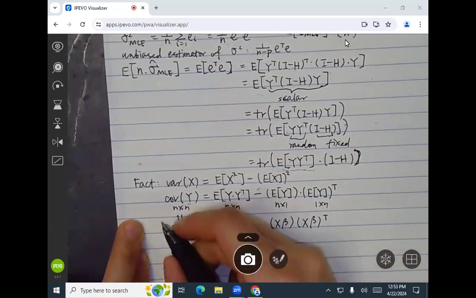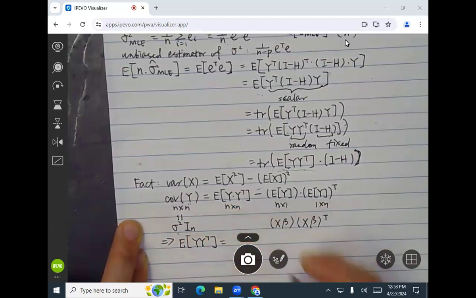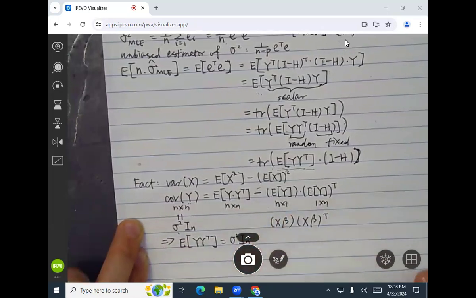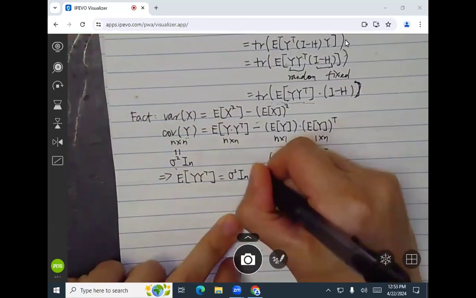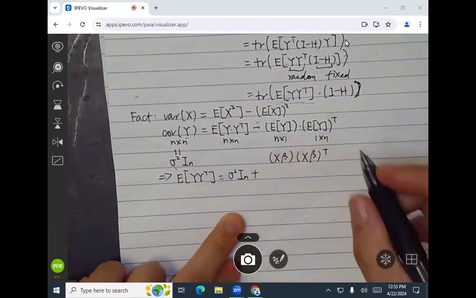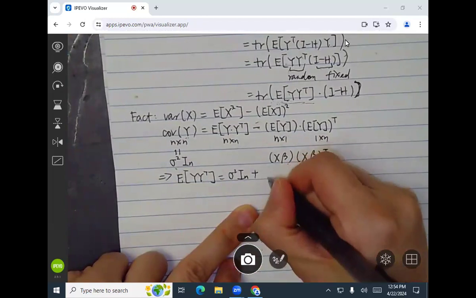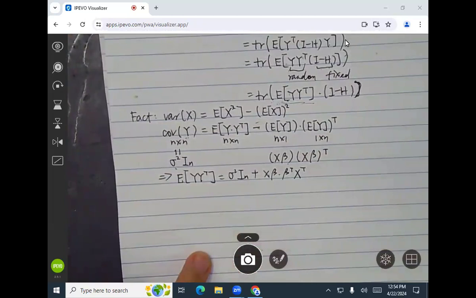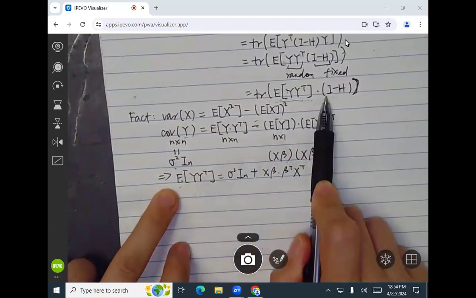Then I will get the expectation of Y Y transpose as sigma squared identity plus, because this minus becomes plus, I open this up and I would actually get X beta times beta transpose X transpose. That's my expectation for this. And then I will put this inside this term.